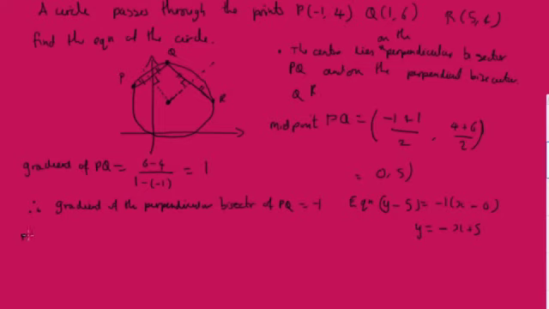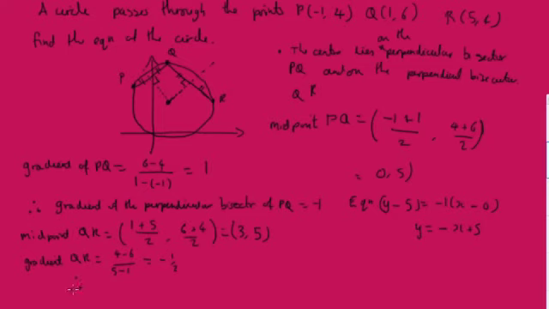Now, we want the midpoint of QR. That's going to be 1 plus 5 over 2, 6 plus 4 over 2, and that will be 3, 5. Now we want the gradient of QR, so that's going to be 4 minus 6 over 5 minus 1, which is minus a half.